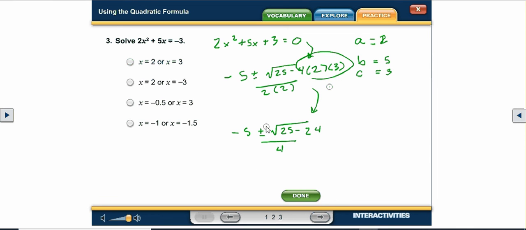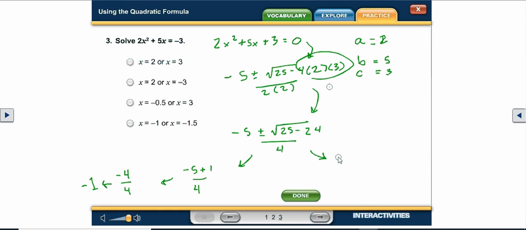Okay, so I think we're ready to start going 2 directions here. It's either negative 5 plus the square root of this, which is going to be 1, isn't it? You with me? And that ends up being negative 5 plus 1 is negative 4 over 4, or negative 1.